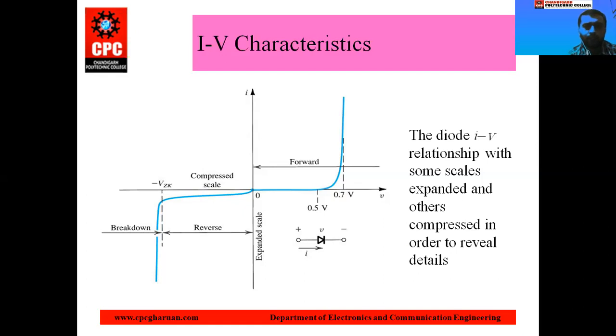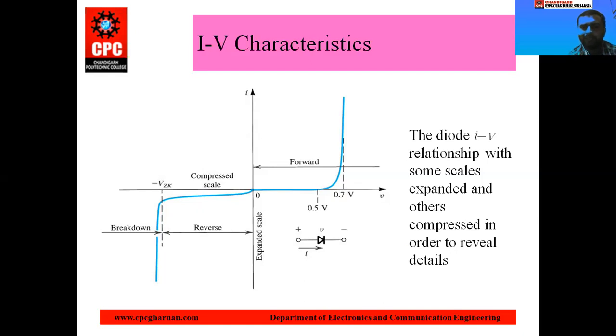Due to that, a small amount of current flows in reverse bias with the help of minority carriers. But after increasing the voltage to Vz, the current rapidly flows, and that voltage is known as the breakdown voltage. After breakdown voltage, an ordinary PN junction diode cannot be used again.